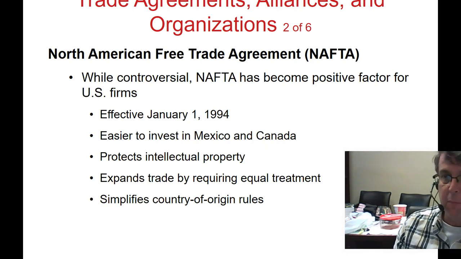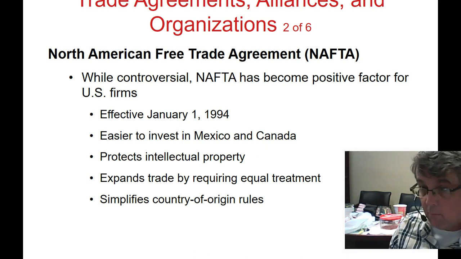NAFTA, also being renegotiated under Trump, is the North American Free Trade Agreement. This is an agreement between the U.S. and Mexico. It protects intellectual property rights, which is a problem, especially in Mexico. If you make a movie here in the U.S., the Mexican government doesn't really care if people in Mexico make copies of the DVD and sell them.